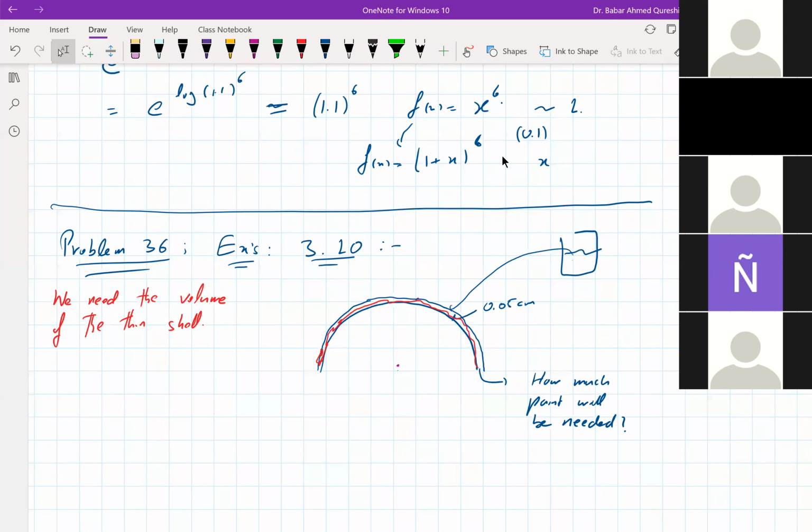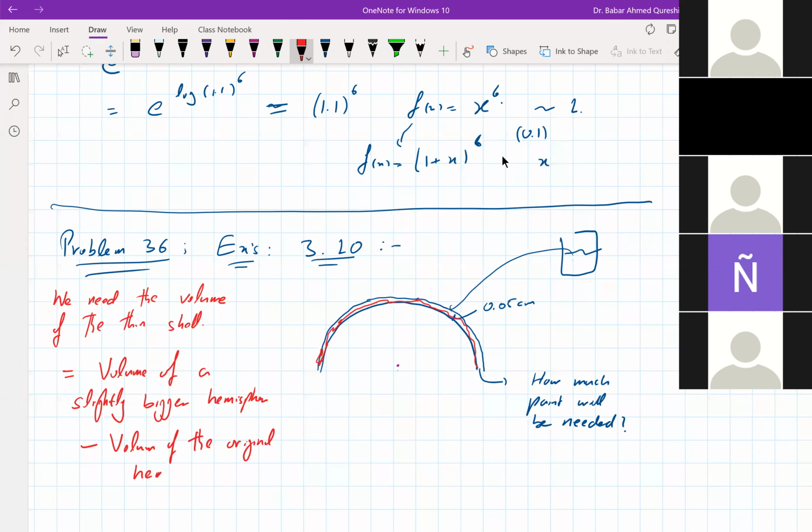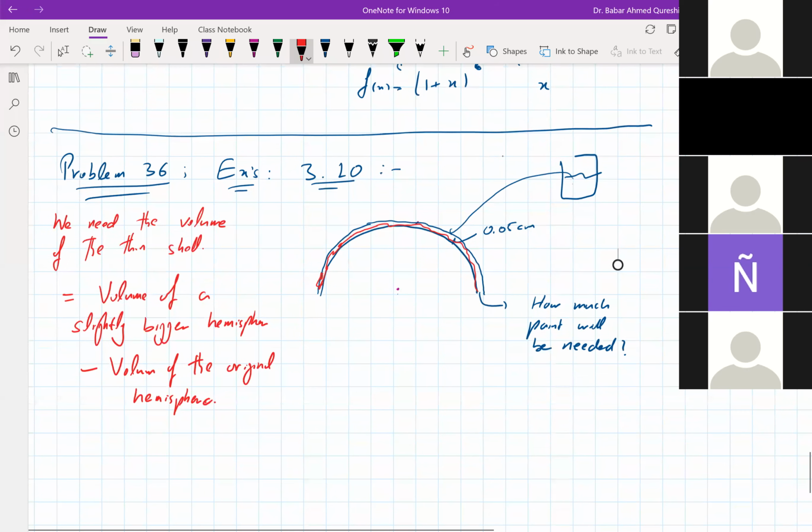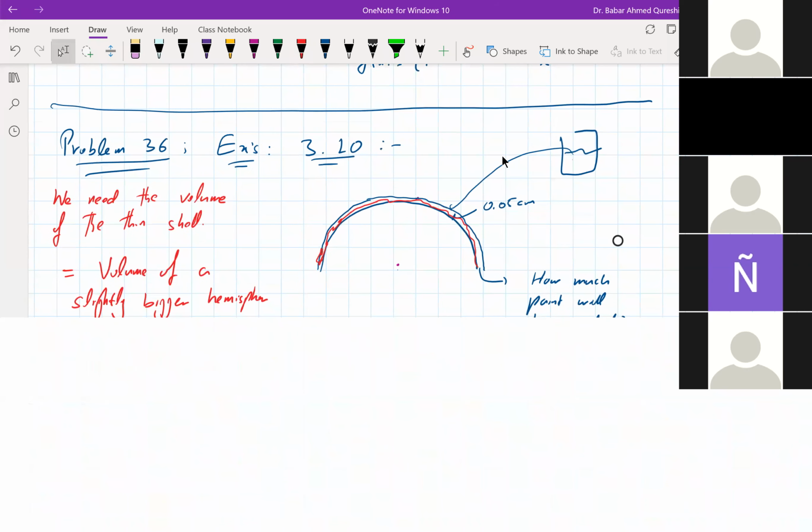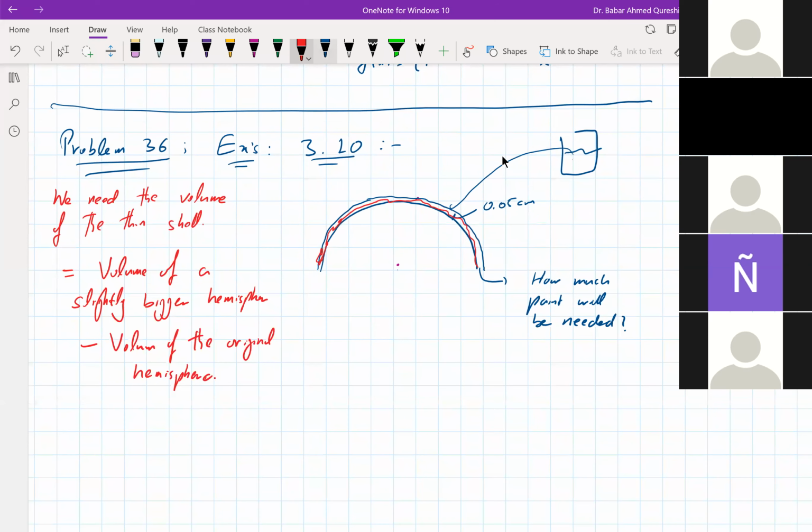This volume of the thin shell is actually equal to the volume of a slightly bigger hemisphere minus the volume of the original hemisphere. So you can exactly find it by doing this.